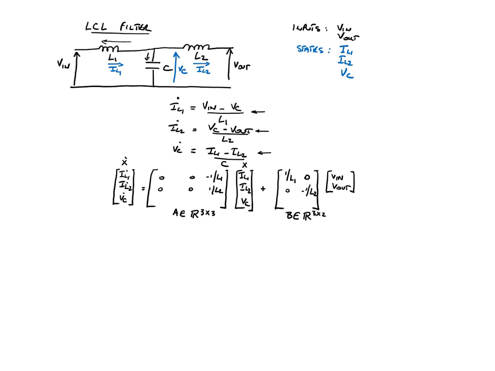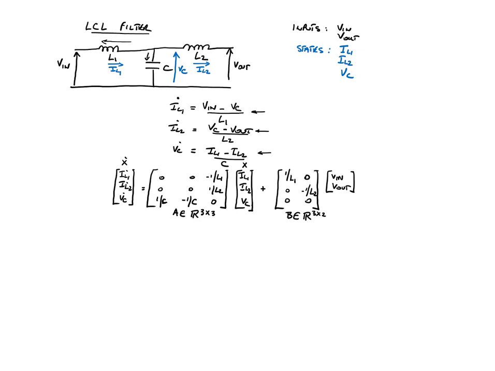It does not depend on the inputs, so we have zeros over here, and it depends on EL1 and EL2, so we have 1 over C and minus 1 over C. It does not depend on Vc. So this is the state equation.